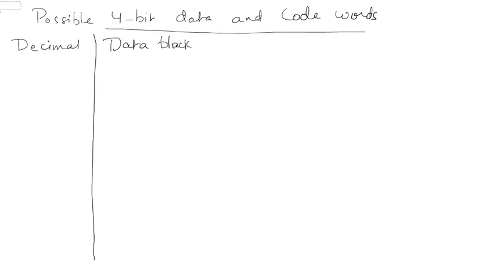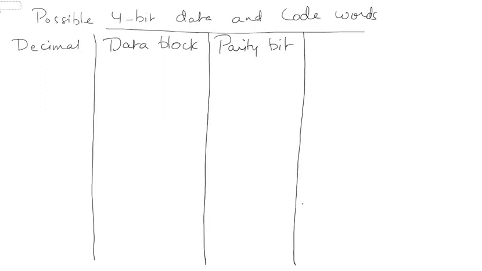This is the data block. Then we have the parity bit. Then finally we have the complete code word, which is equal to the data bit plus the redundant bit.